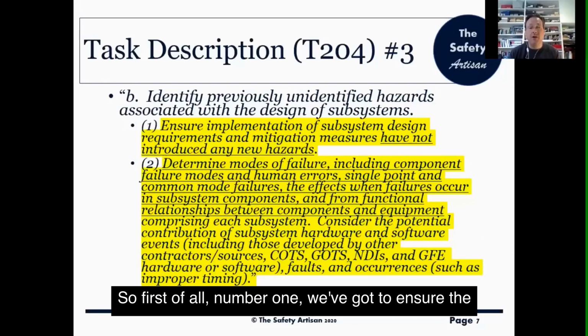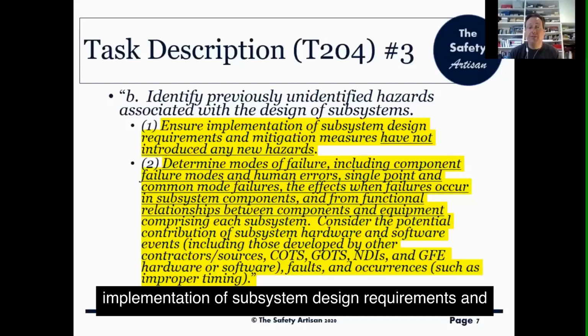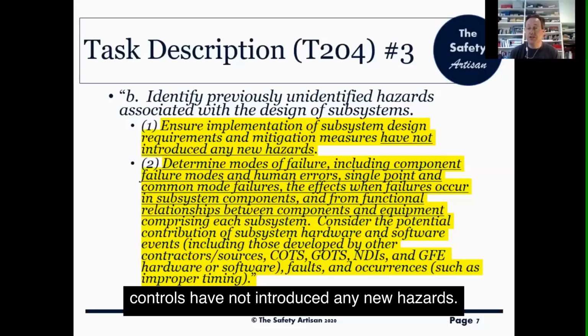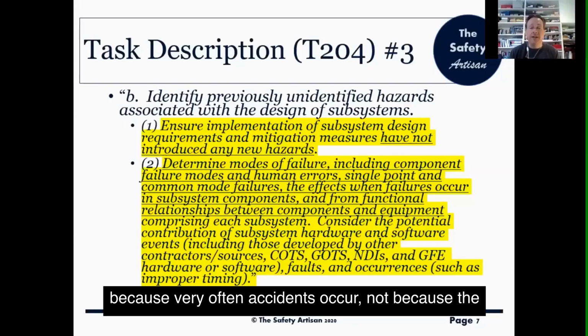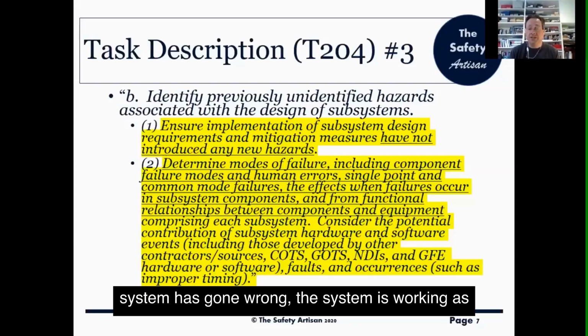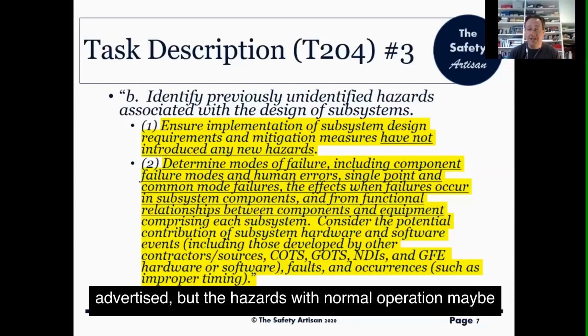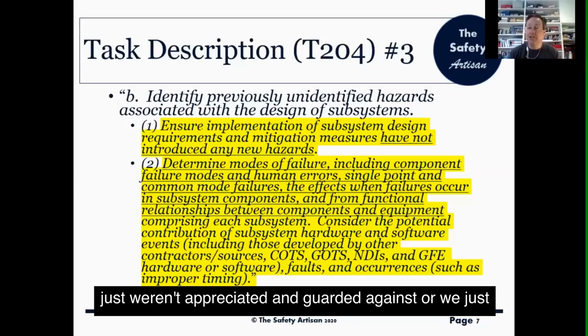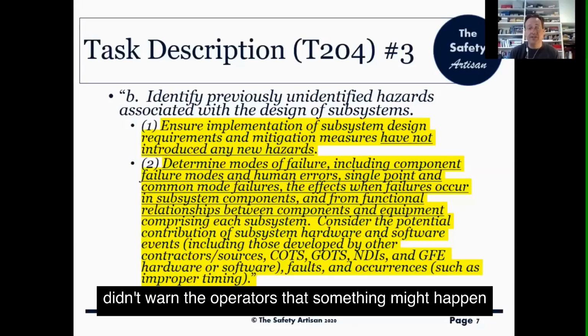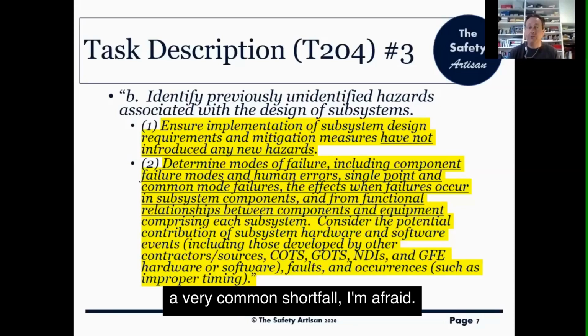So first of all, number one, we've got to ensure the implementation of subsystem design requirements and controls, and also ensure that those requirements and controls have not introduced any new hazards, because very often accidents occur not because the system has gone wrong, the system is working as advertised, but the hazards with normal operation maybe just weren't appreciated and guarded against, or we just didn't warn the operators that something might happen that they needed to look out for. A very common shortfall, I'm afraid.